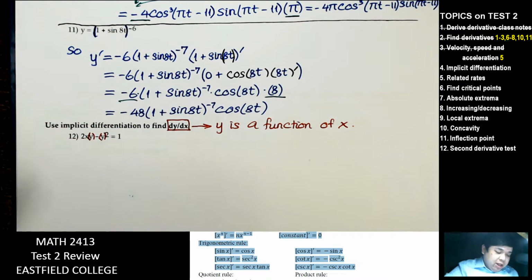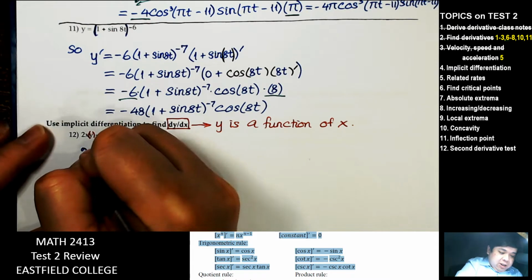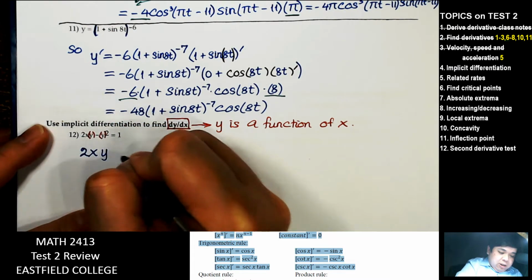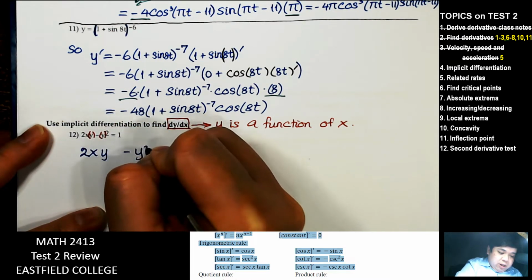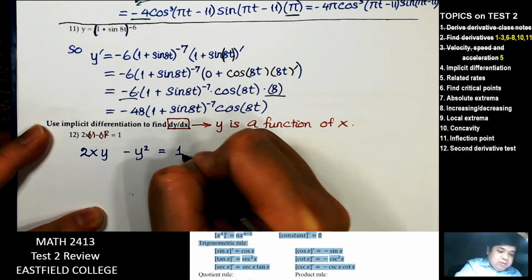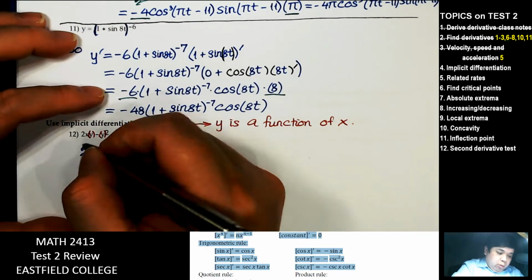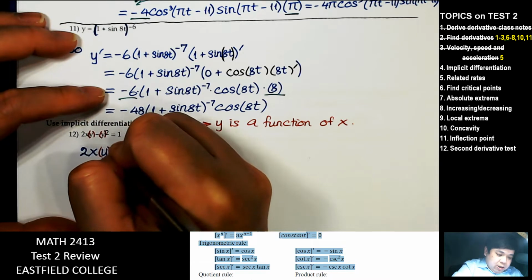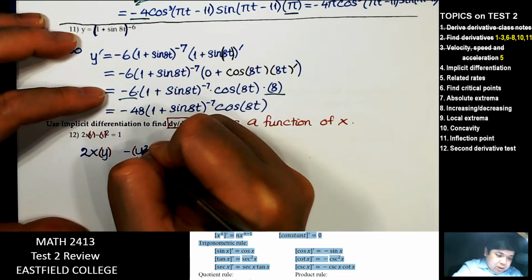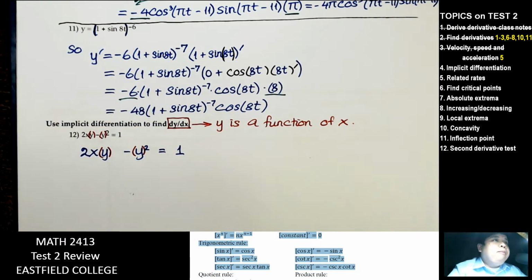Let me do that again. 2x y minus y squared equal to 1. Put the parentheses around y, because y is a function of x.